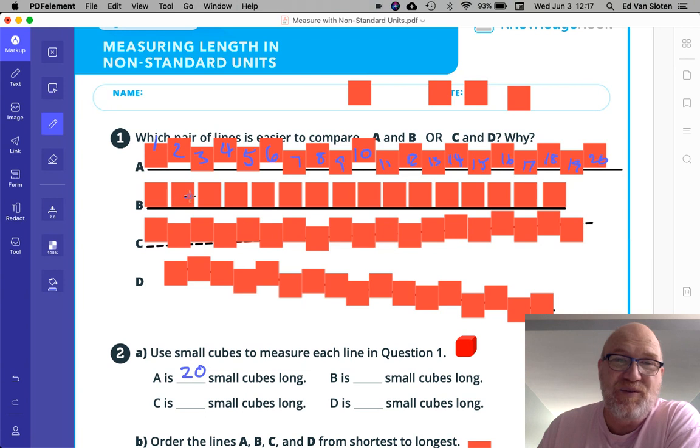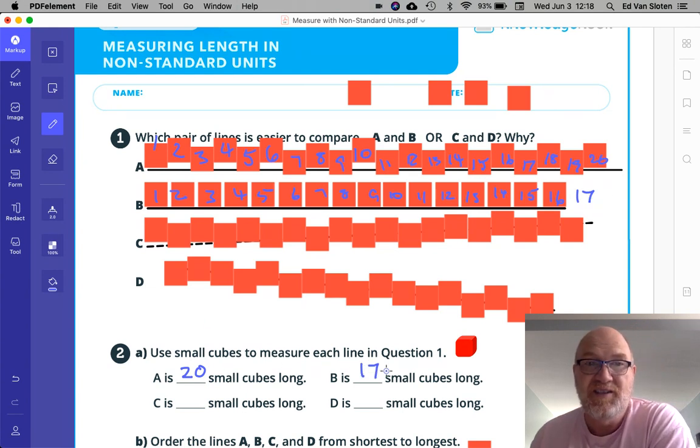So this is going to be a little bit low because I left all these spaces, but I'm not going to respace them now. 1, 2, 3, 4, 5, 6, 7, 8, 9, 10, 11, 12, 13, 14, 15, 16. And for all those spaces, I'm going to give this line one more, 17. So B is 17 cubes long.